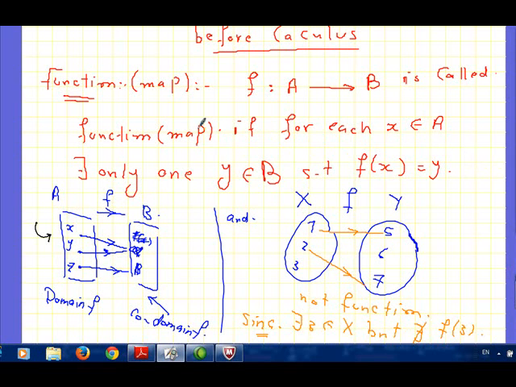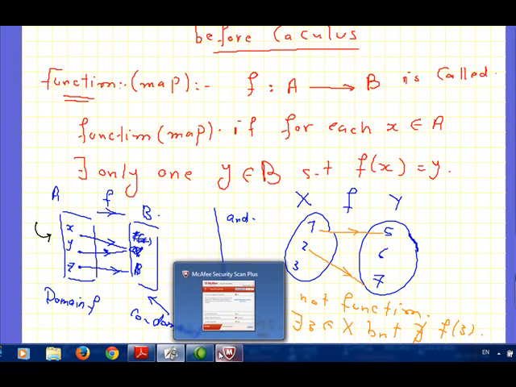If this condition is satisfied, we call A the set of independent elements, which is the domain of the function. We name B the set of dependent elements, which is named the codomain of the function.